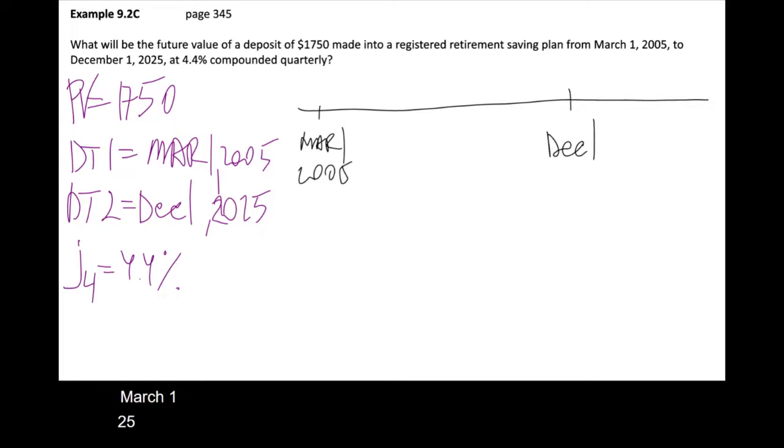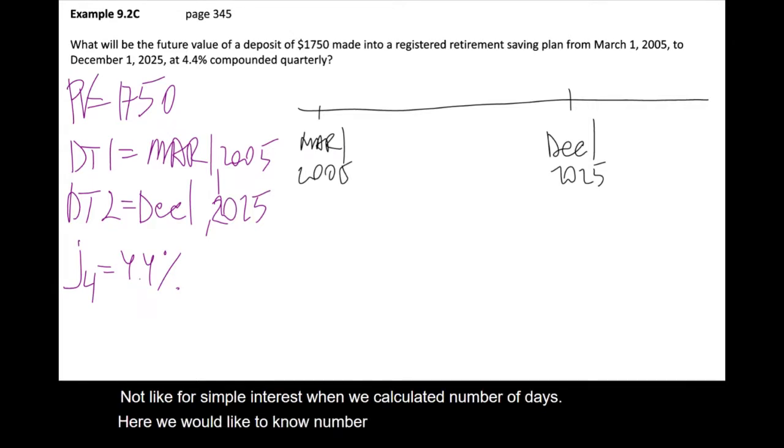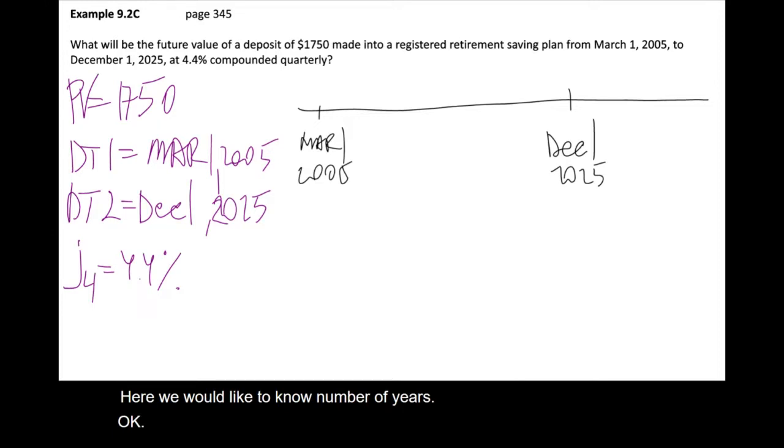December 1, 2025. Not like for simple interest, when we calculated number of days, here we would like to know number of years.